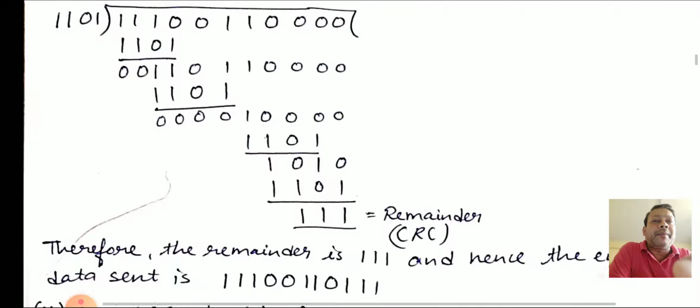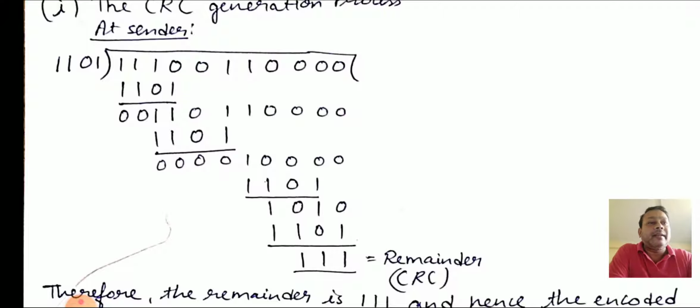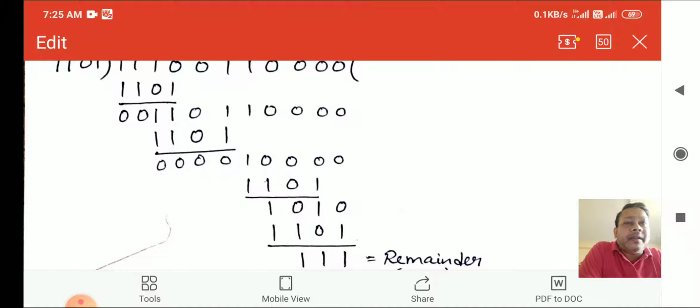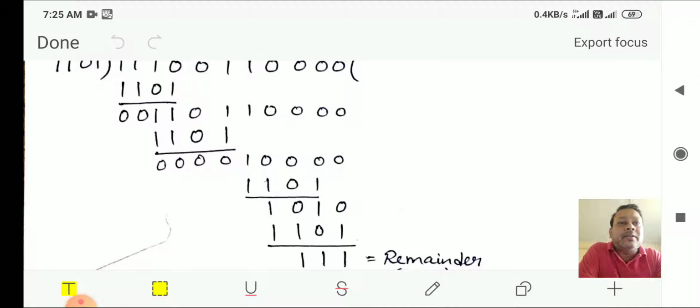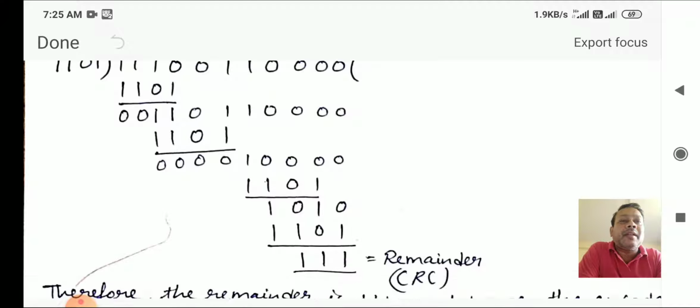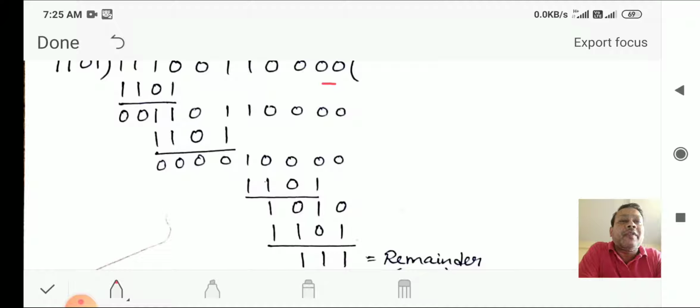Clear? But before that, we added 3 bits from our own side.